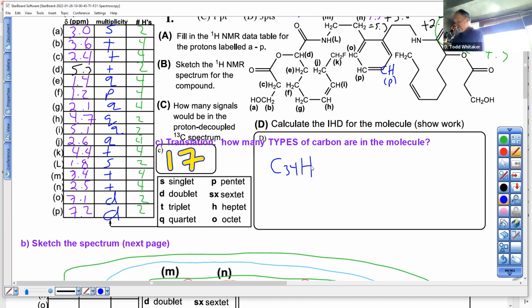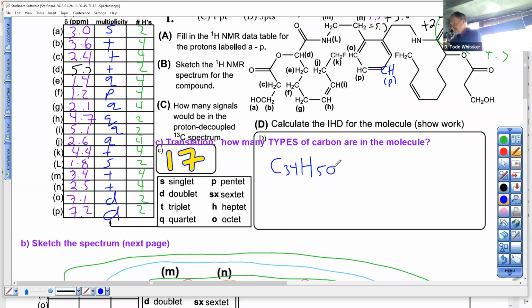Ladies and gentlemen, if you want to know the number of H's in this molecule, I'm starting here, running tally. You ready? 2, 6, 10, 12, 24, 26, 28, 32, 36, 38, 42, 46, 48, 50.